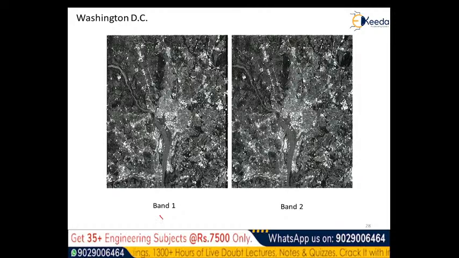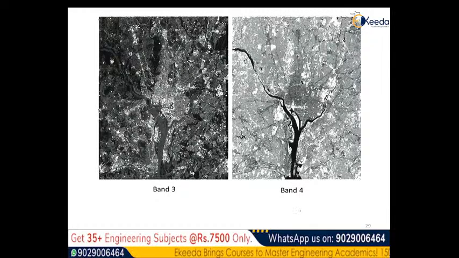What we had earlier, band 1 and band 2: band 1 is for the information sensed when the sensor is confined to the frequency range of the red color only from the electromagnetic spectrum. Band 2 is for the green, band 3 is for the blue color, and band 4 is for the near infrared.